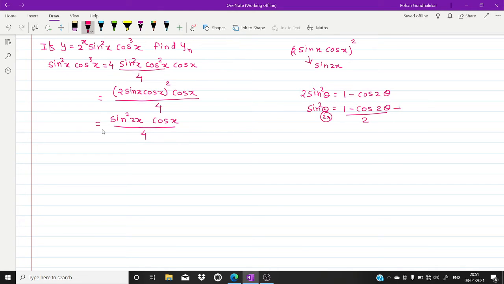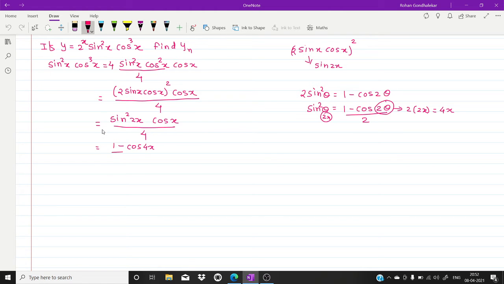So the 2 theta becomes 2 into 2x, that is 4x. So hence we get 1 minus, sorry, not cosine, it's cos 4x. So 1 minus cos 4x divided by 2.